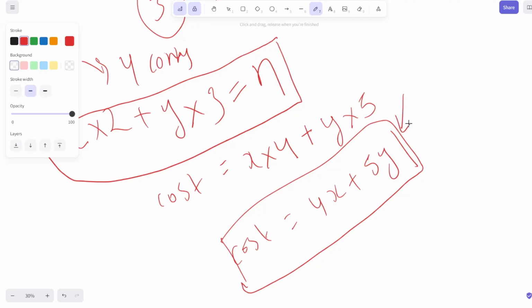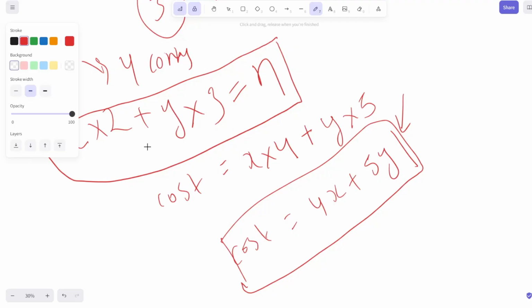But we don't know for which values of x and y the cost will be minimum. So the only way is to check all the values of x and y, calculate the cost, and take the minimum. This is an equation of two variables and we cannot solve it using a single equation.